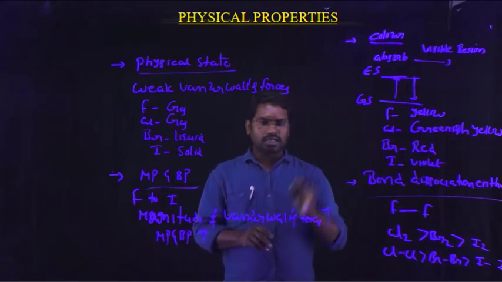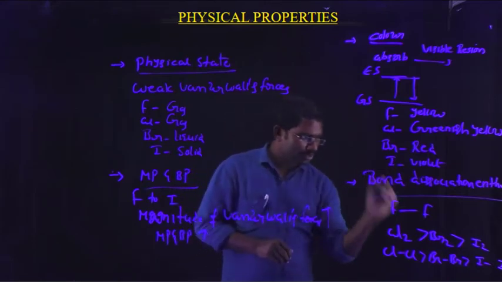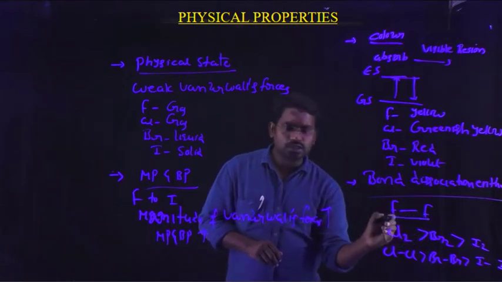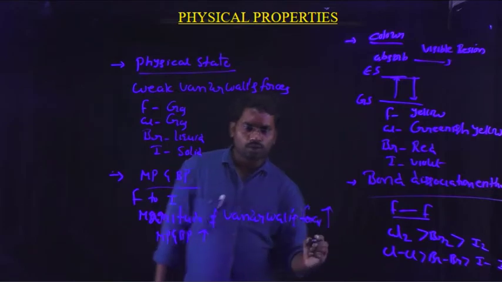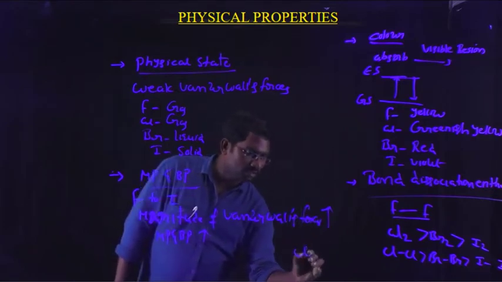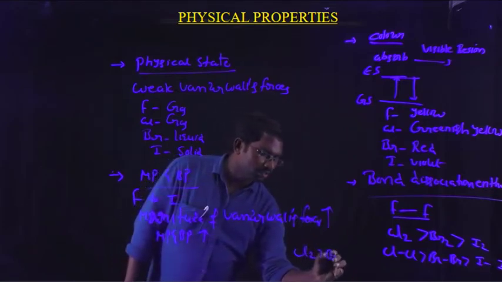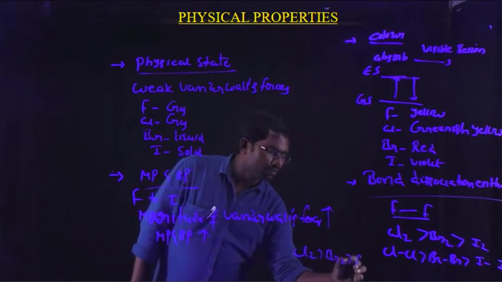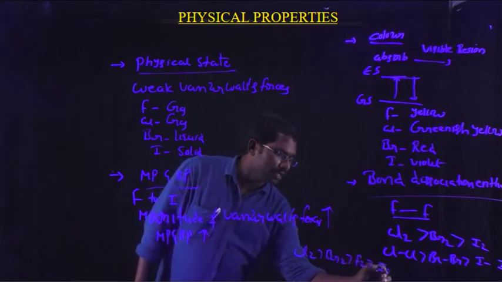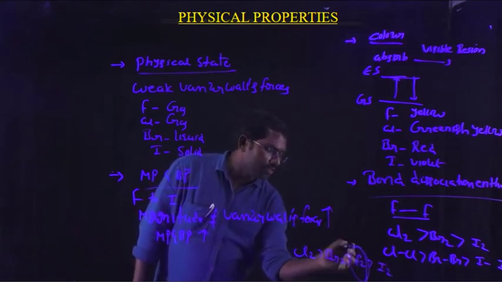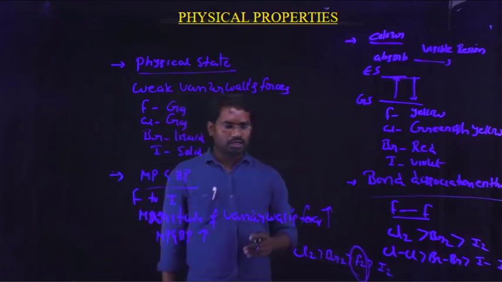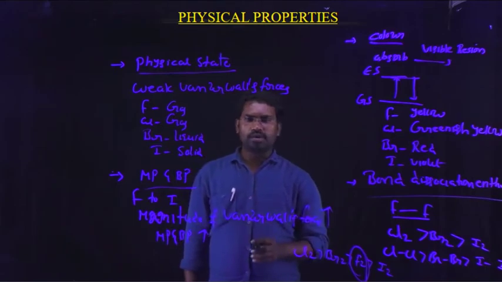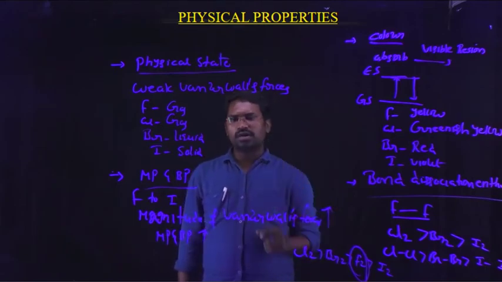Another important thing is that the bond dissociation enthalpy of fluorine is less than that of chlorine and bromine. The order is chlorine greater than bromine greater than fluorine, and finally iodine. So why this position for fluorine? The bond dissociation enthalpy of fluorine is less than chlorine and bromine because of its small atomic size.